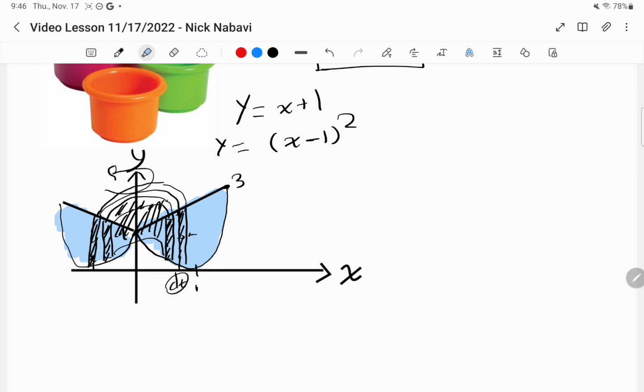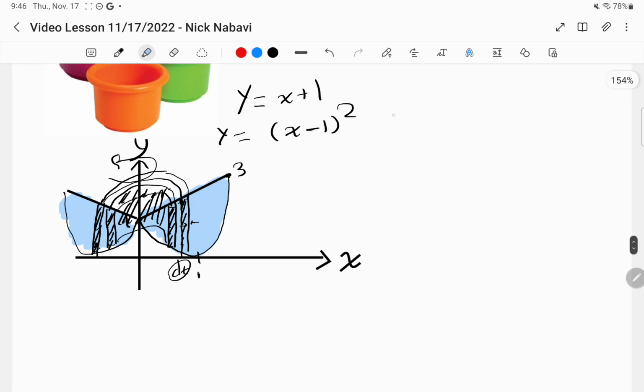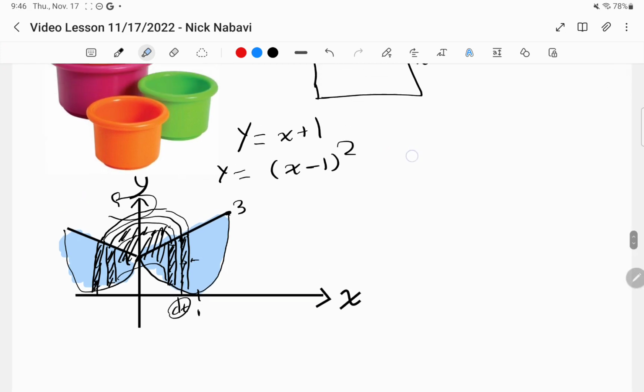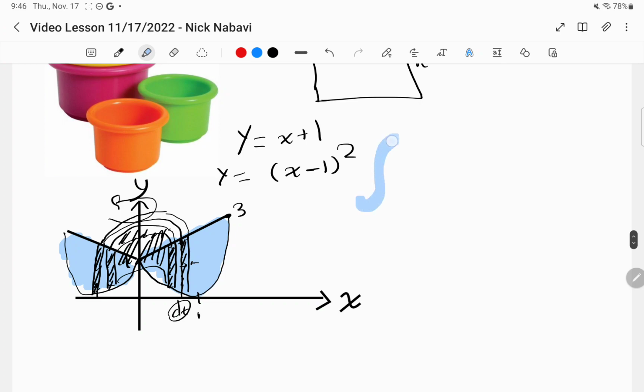With the shell method, you're integrating your little dt's over the opposite axis of the axis you're rotating around, okay? So now we have a general idea of what this is. We're taking an integral along x from 0 to 3, okay? These are our x bounds.